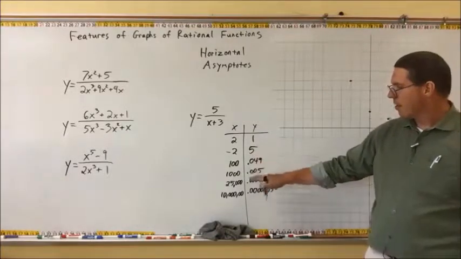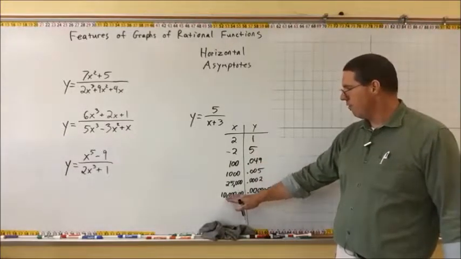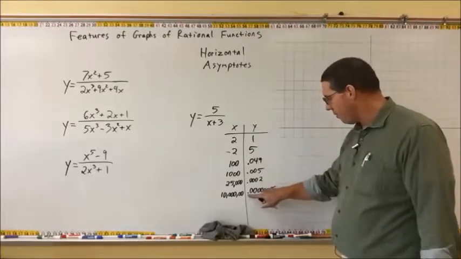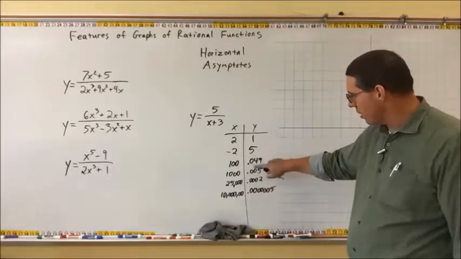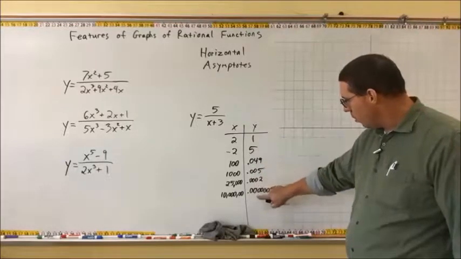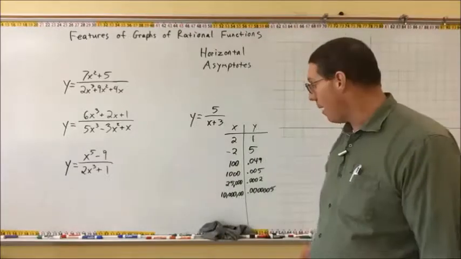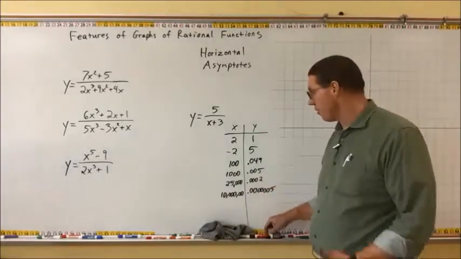What's happening as our input value gets gigantic? What number are these output values getting close to? They're getting close to 0, and that'll just keep happening. They'll get closer and closer to 0.